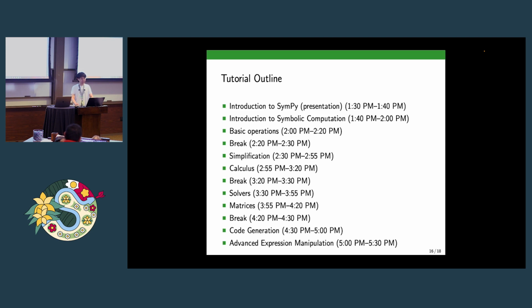In the exercises, you are going to learn how to define some symbols with assumptions and try to expand the logarithm of x to the power n into n log x, which needs to involve assumptions.